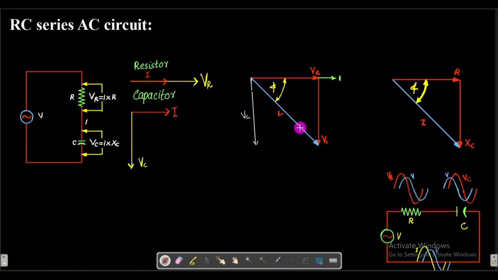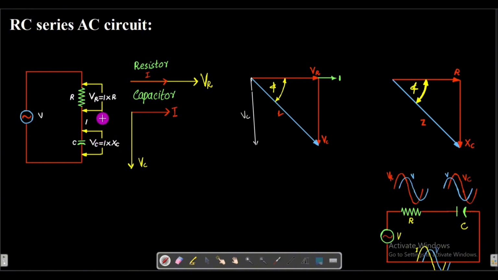So this is the resultant, and this resultant is actually the applied voltage source. Because here we are interested in finding V, we are going to add VR and VC.